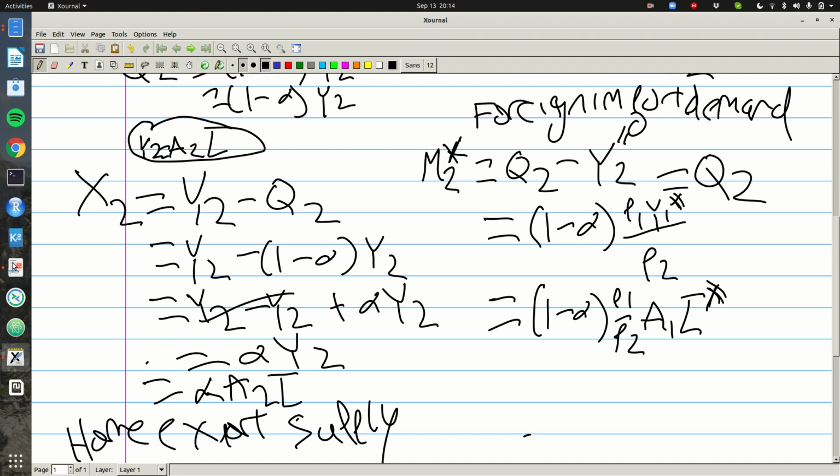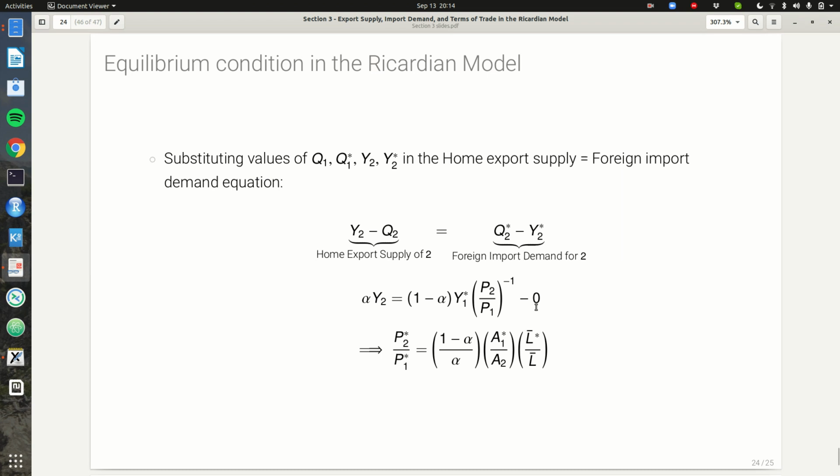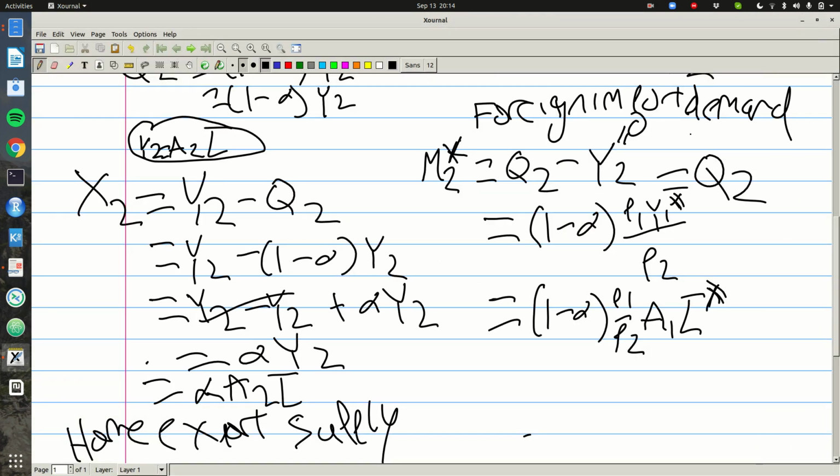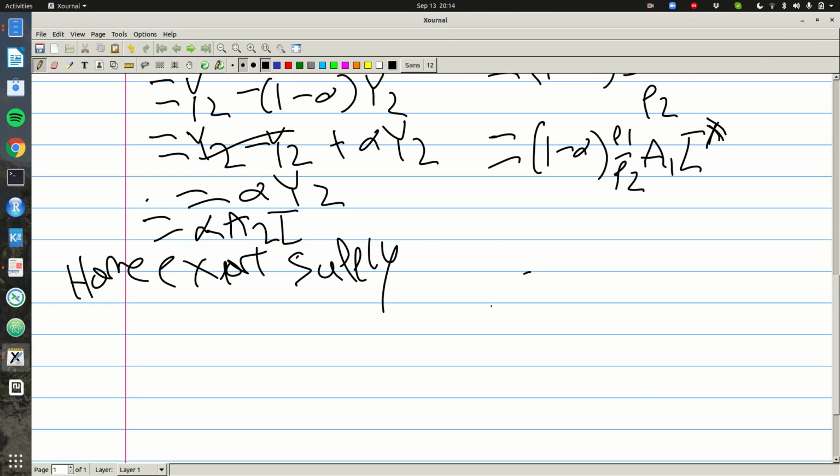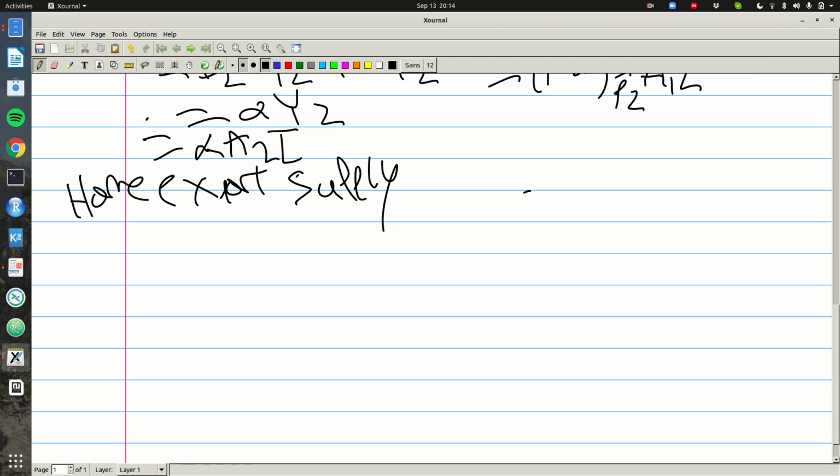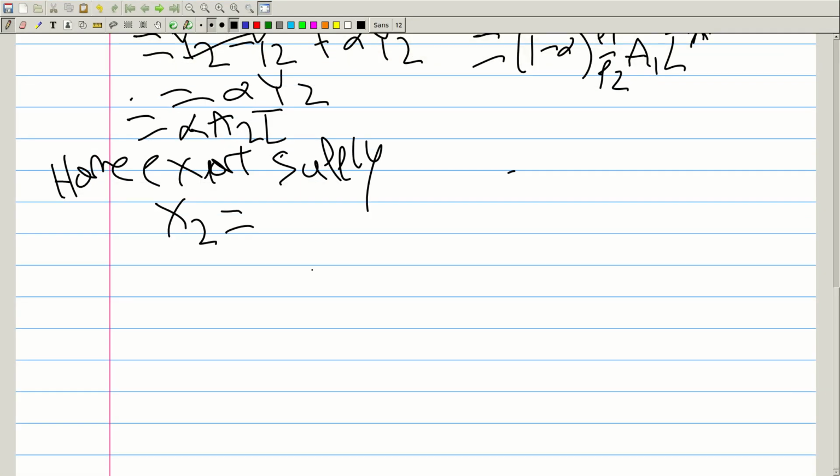Okay, so getting back to the slides, if we set these now equal, let's figure out what, assuming that we have full specialization, that implies for relative prices. Essentially what we want to do is set x2 equal to m2, or set home's export supply equal to foreign's import demand.